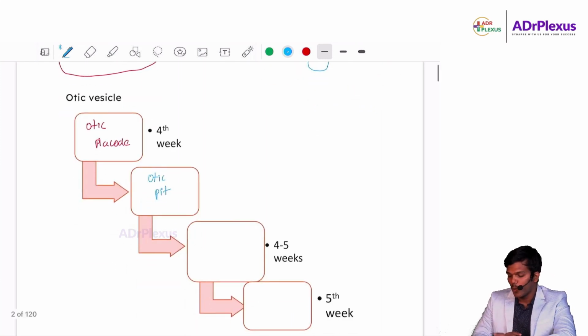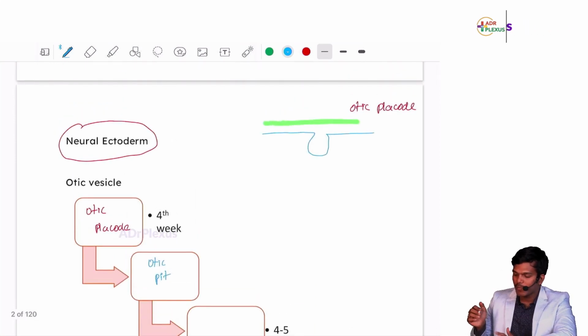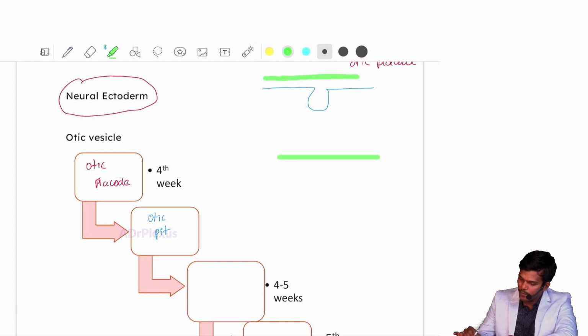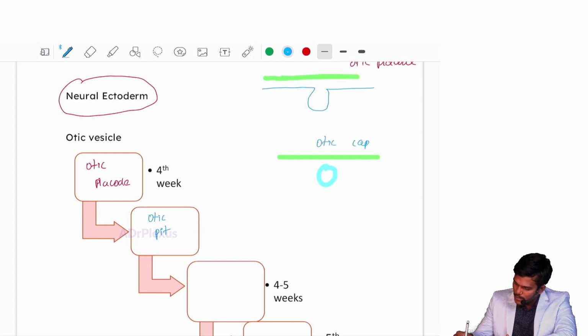Once the otic pit forms, this otic pit will separate from the otic placode part and there will be formation of the otic capsule outside and then the otic vesicle inside.